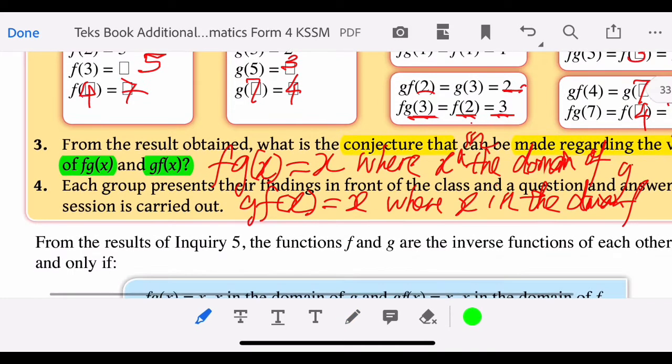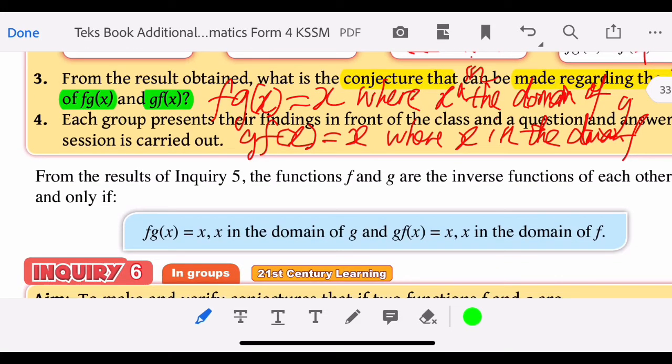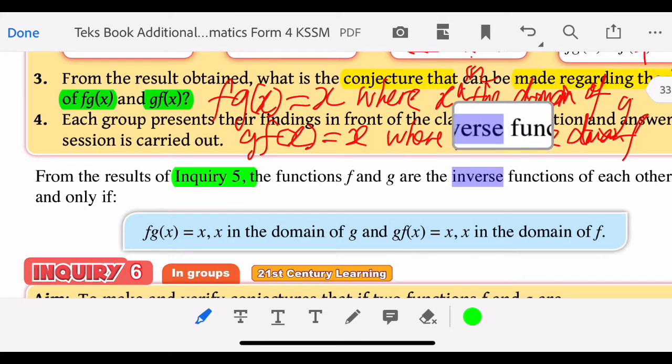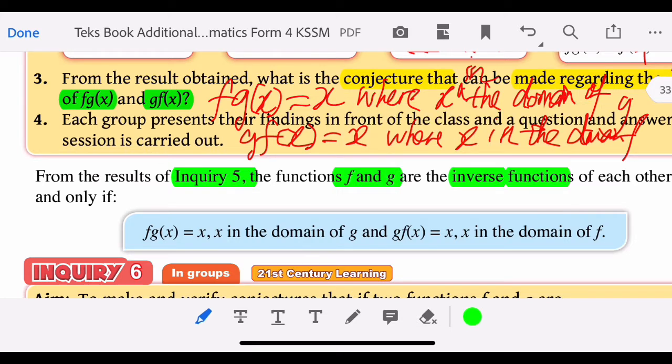So as I mentioned, from the result of inquiry 5, the functions f and g are inverse functions of each other if and only if f(g(x)) equals x and g(f(x)) equals x. Here x is in the domain of g, and here x is in the domain of f. Meaning that, in short, this one is very important: g is the inverse of f, and f is the inverse of g. So you can write g(f(x)) equal to x, and f(g(x)) equal to x.